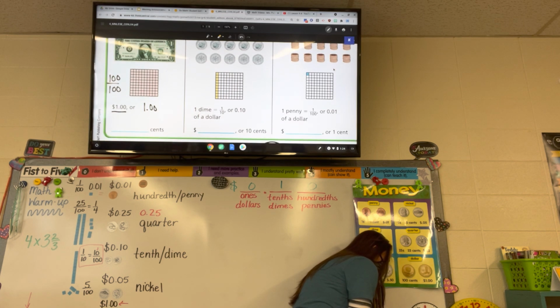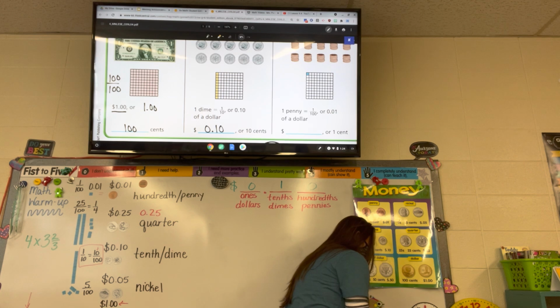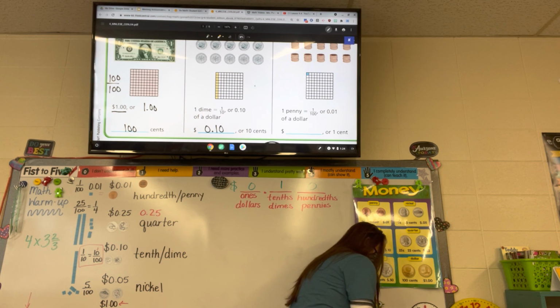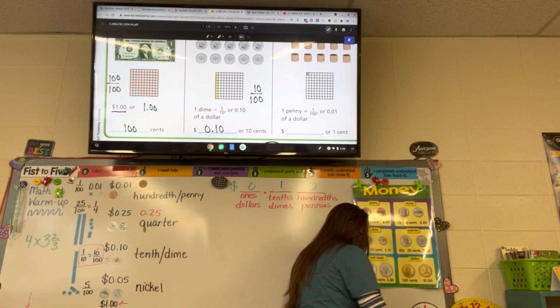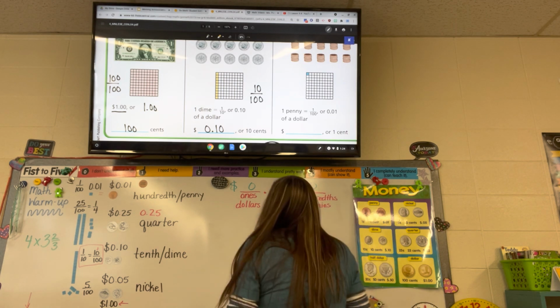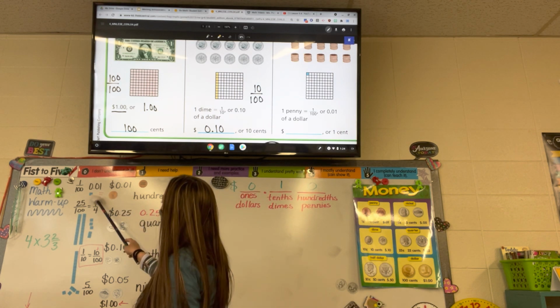Down here, a dollar is how many cents? 100. To write a dime as a dollar amount, it would be 0 wholes and 10 hundredths. You could also write the value as 10 hundredths. That would work too.